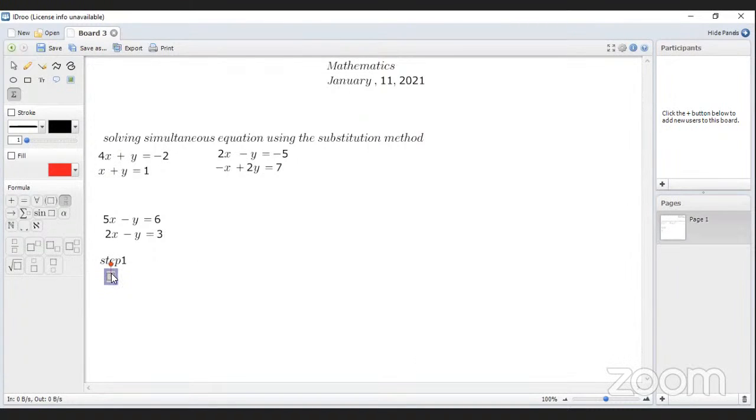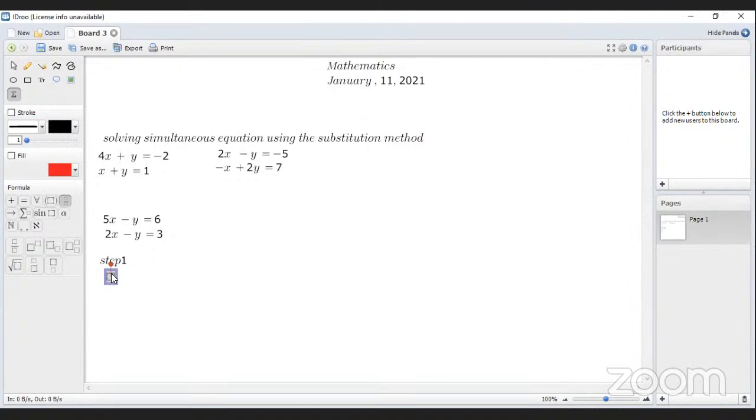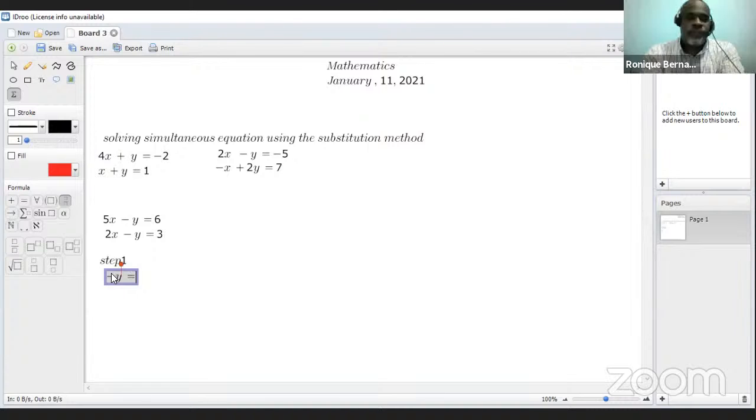Sir, rearrange. Which of the equations are rearranged? The first one. So negative y equals negative 5x plus 6.